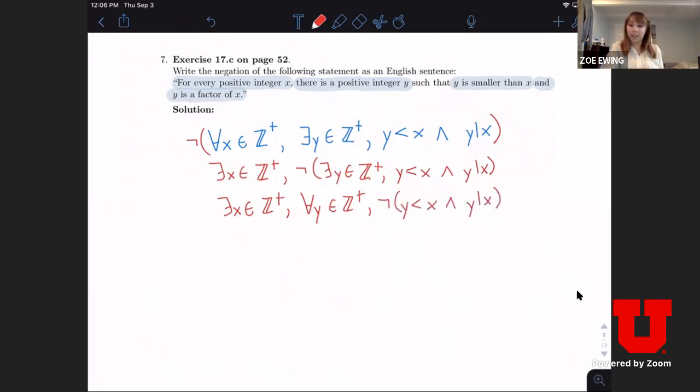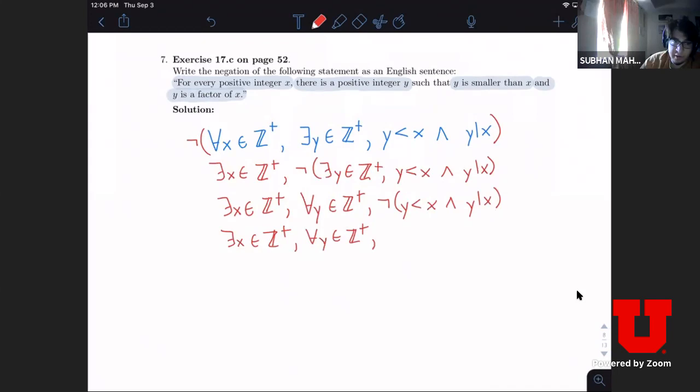All right, now this last part is a little bit tricky because we need to use De Morgan's to negate it. So I'll copy down what we've already got, and then does anyone volunteer what they put down? It's y greater than or equal to x, or y is a factor of x.